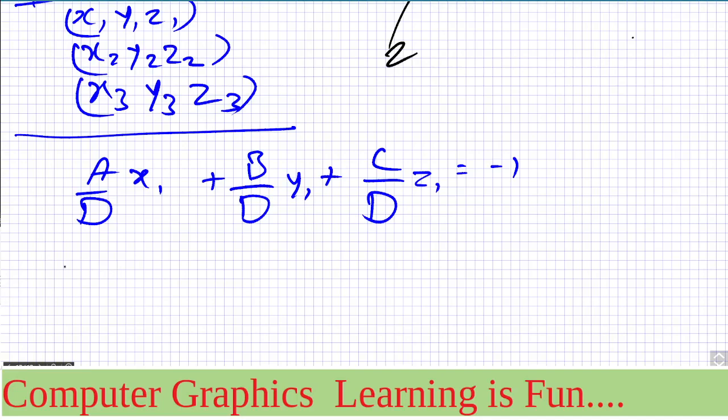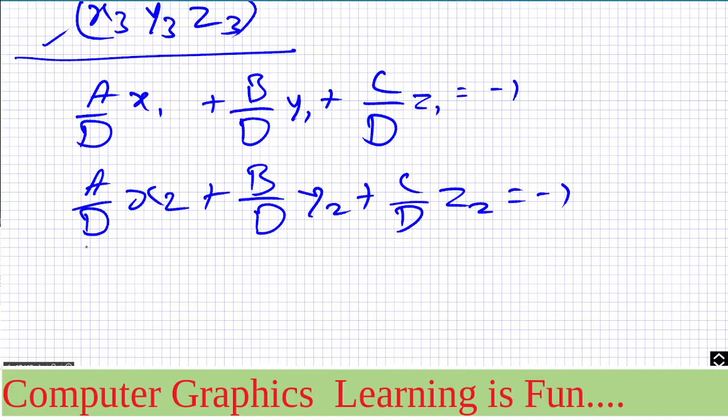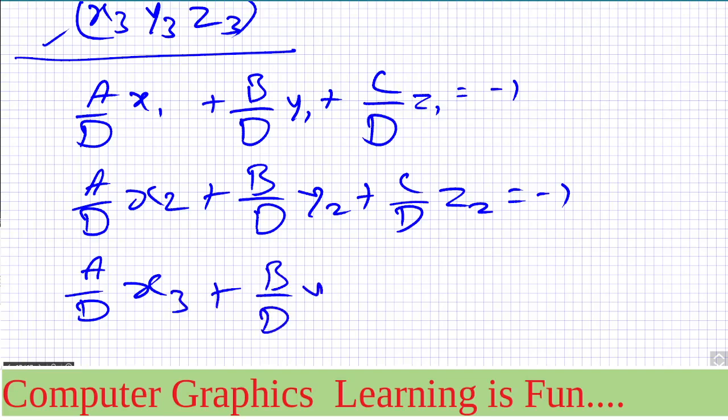Similarly, for all the 3 equations: a by d x2 plus b by d y2 plus c by d z2 is equal to minus 1, as well as a by d x3 plus b by d y3 plus c by d z3 is equal to minus 1.